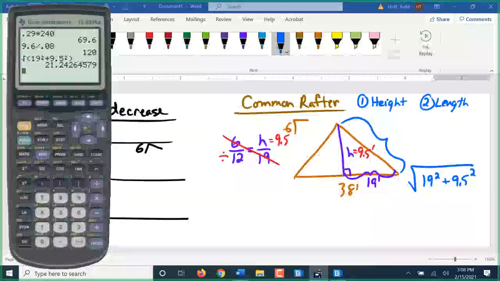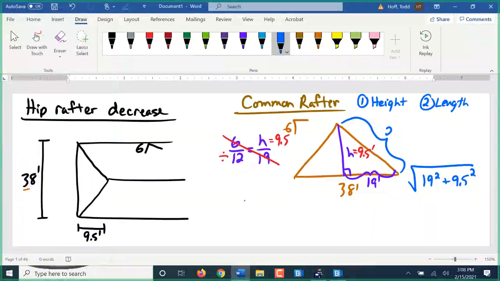It's 21.243. Now back to the original drawing, what does that represent? That represents this right here. 21.243 feet. The length of my common rafter.